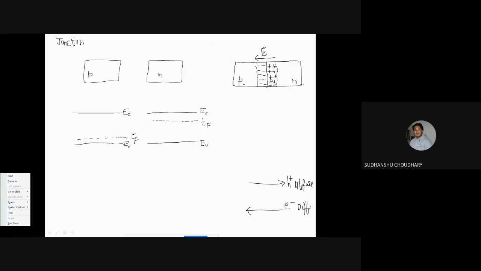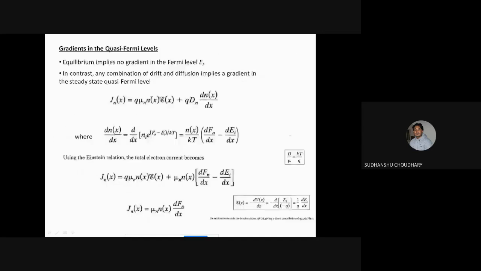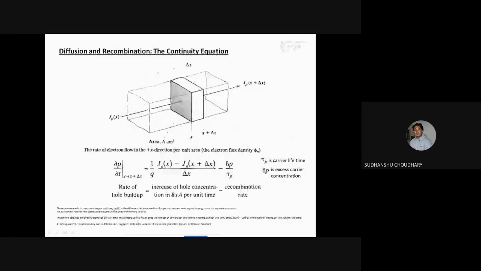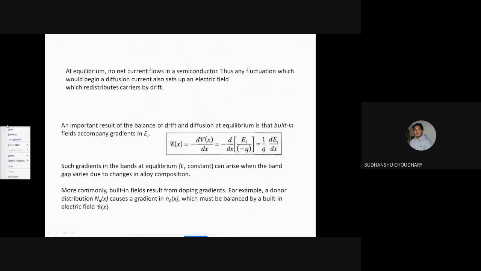And in the previous class we had commented some time back, I'll go back and show you, that the diffusion of carriers results in a built-in electric field which sets up drift. So here, if you read this point, if you have a diffusion current, this sets up an electric field which redistributes carriers by drift.